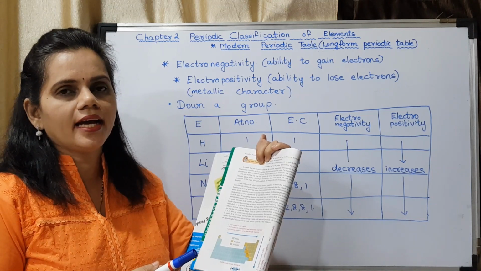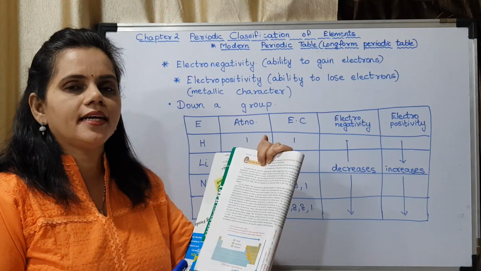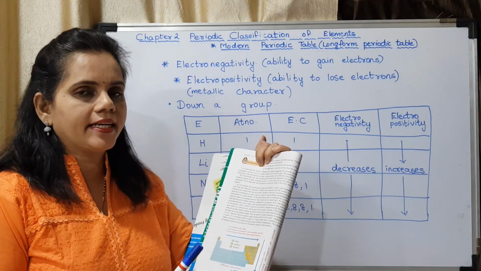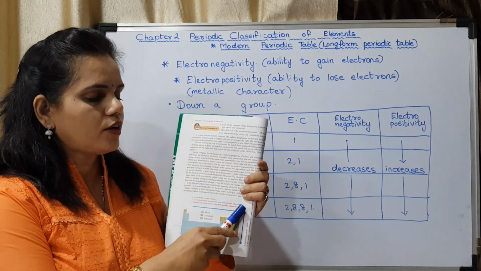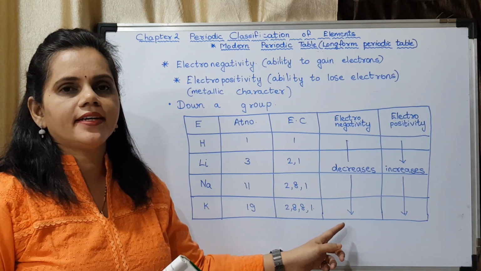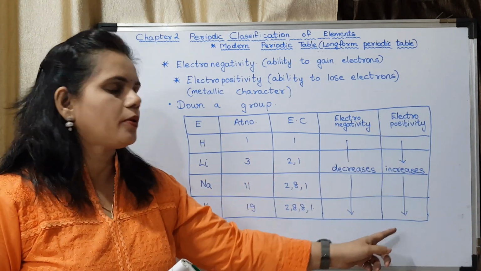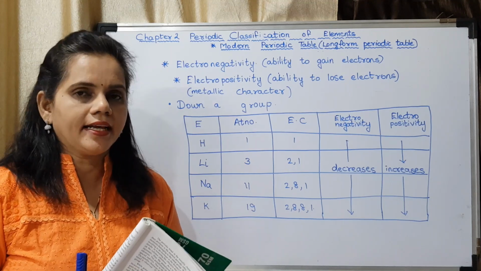Electronegativity is also called non-metallic character. Electropositivity decreases, metallic character decreases. When you go from top to bottom, electronegativity decreases and electropositivity increases. Why? Because the atomic size increases.